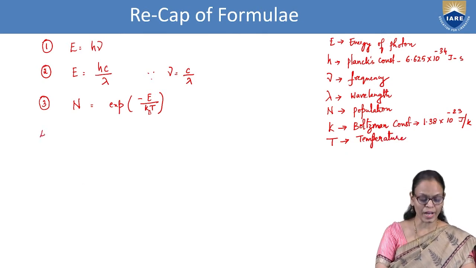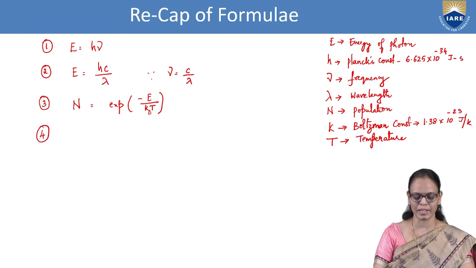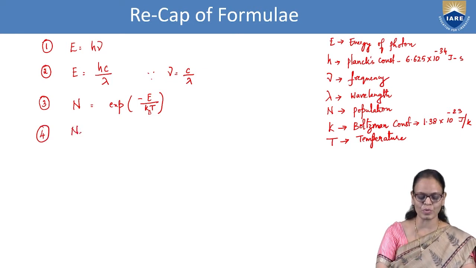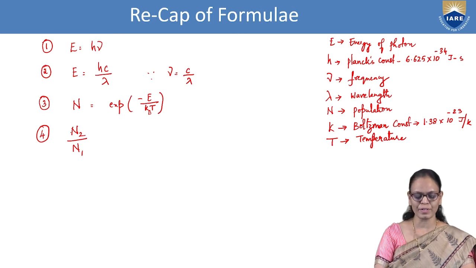Then we can find the ratio of the population. If you have to find the ratio of population between two states, N2 and N1, N1 is the population in the first energy level, N2 is the population in the second energy level. So, how do we get N2 by N1?